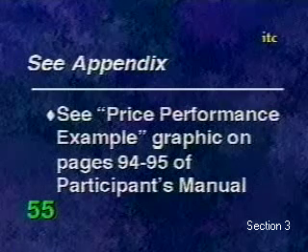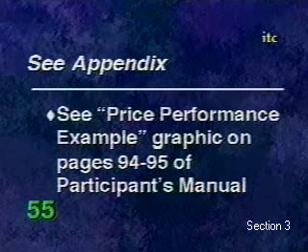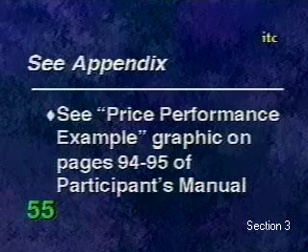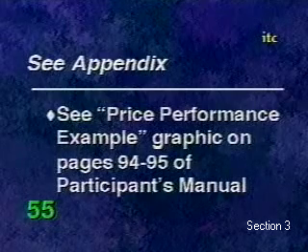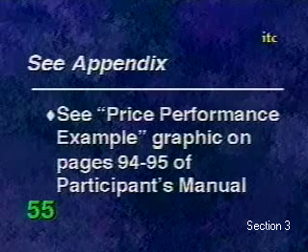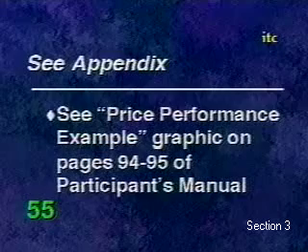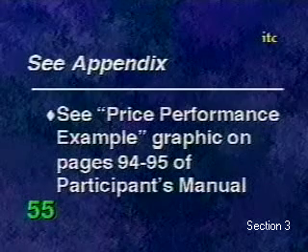A P5 133 megahertz machine with at least 10 times the performance of a 386 25 megahertz machine purchased in 1992 costs about 30% less today. This steep curve will continue with the advent of the P6 200 megahertz machines scheduled to be released by the end of this year.